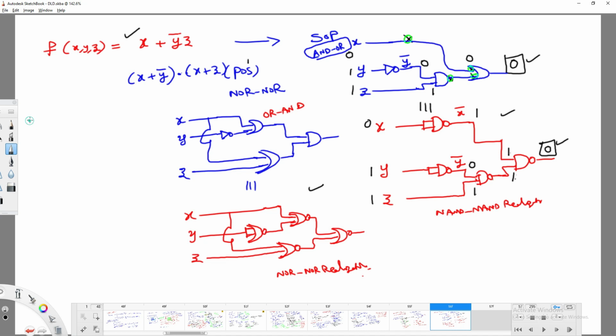If you are going to take the inputs x, y, z, try to observe what the possible values are for all these.